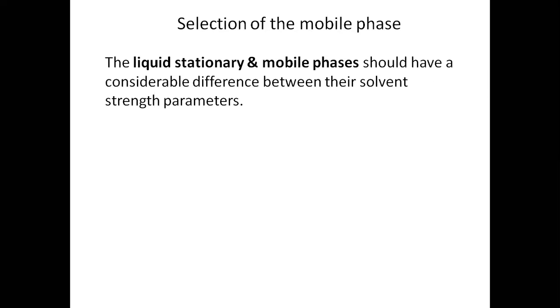Now, how do we select the mobile phase? The mobile phase is the one that is going to bring about the actual separation of the particles. So the liquid stationary and mobile phase should have a considerable difference between their solvent strength parameters.